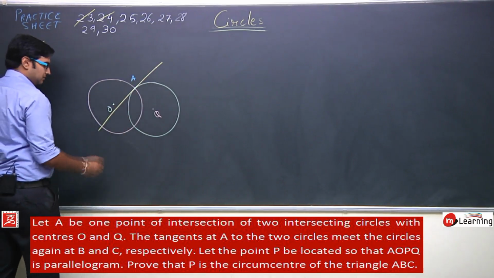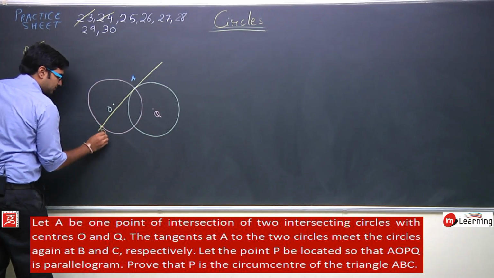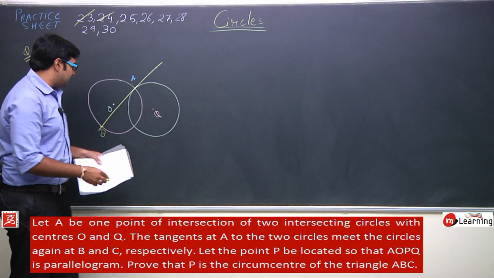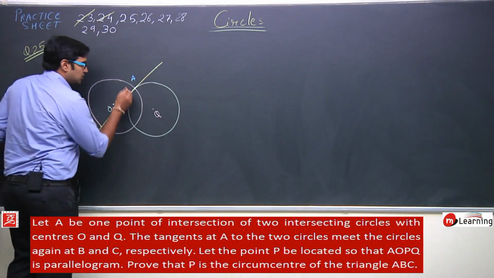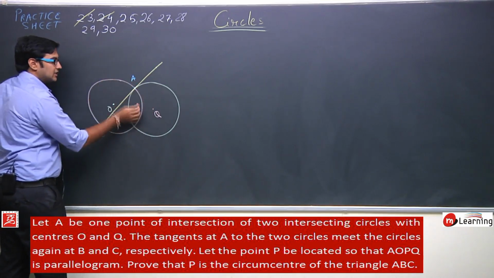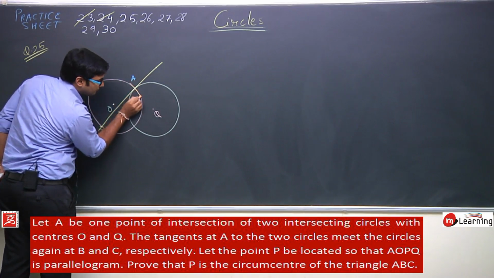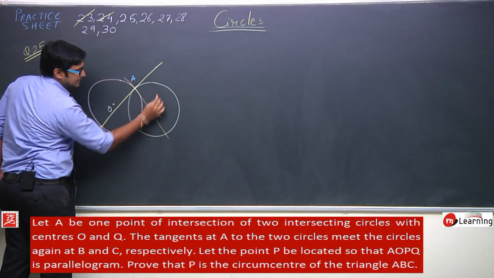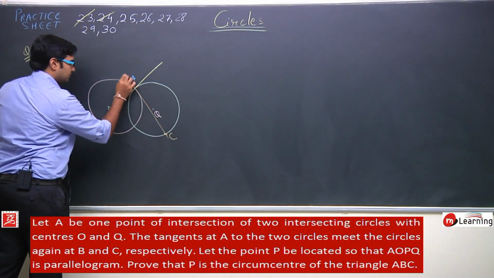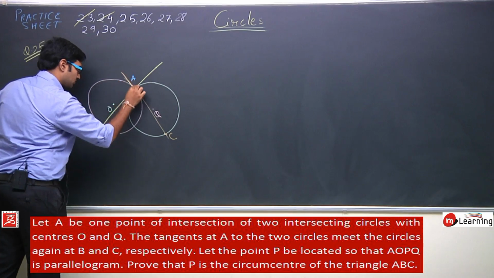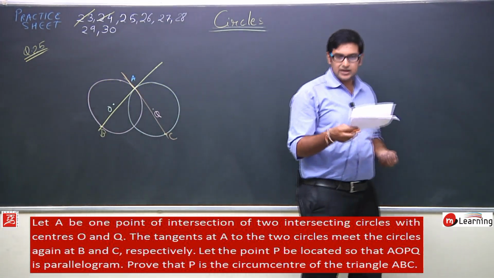This tangent meets this pink circle at point B. Similarly, if I draw a tangent to this pink circle, it will meet this green circle at point C. This is what is given.